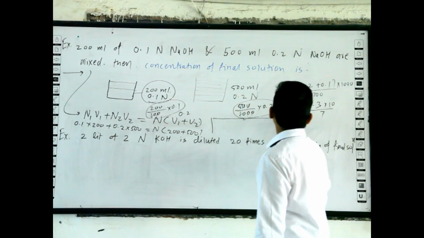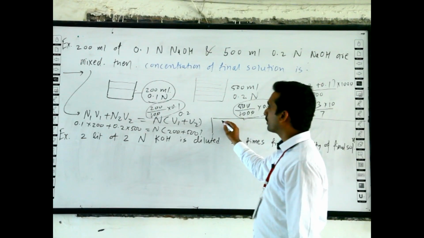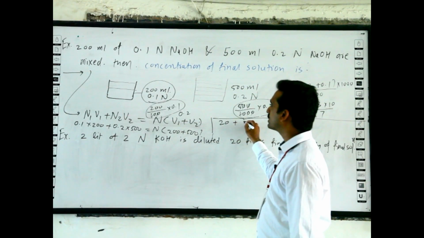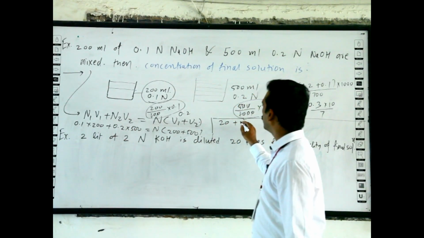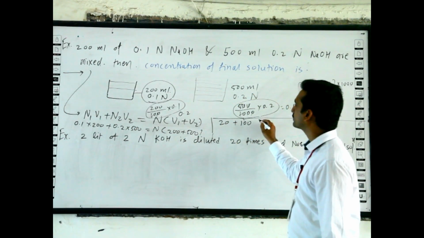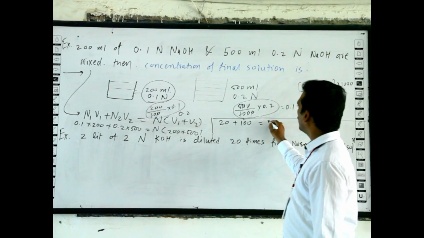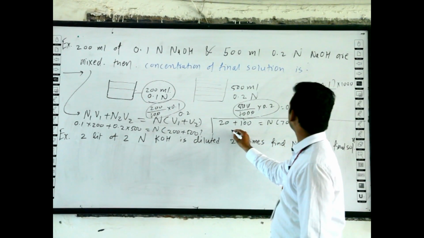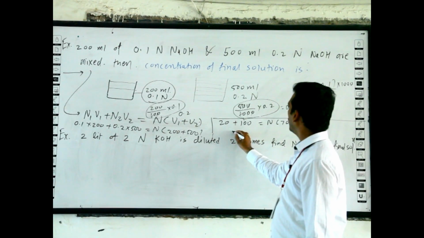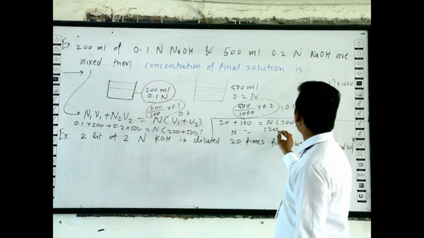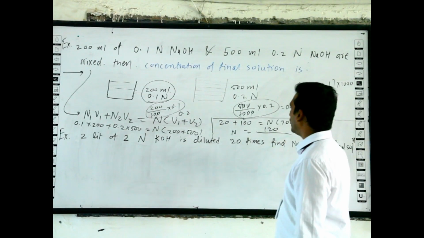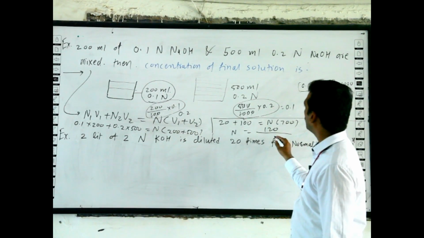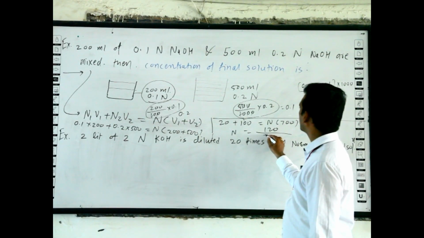Hence the further calculation is 0.1 into 200, that is 20, plus 500 into 0.2 is 100, equals N into 700. Hence N equals 120 divided by 700.